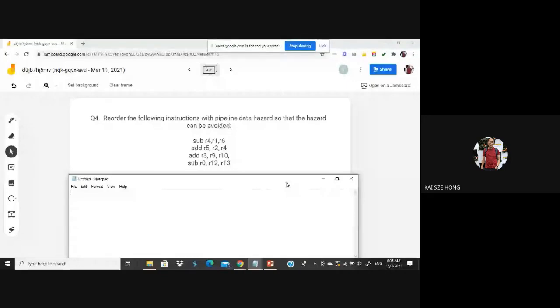Previously we had another hazard, but now we are dealing with another hazard. This one is also a data hazard.